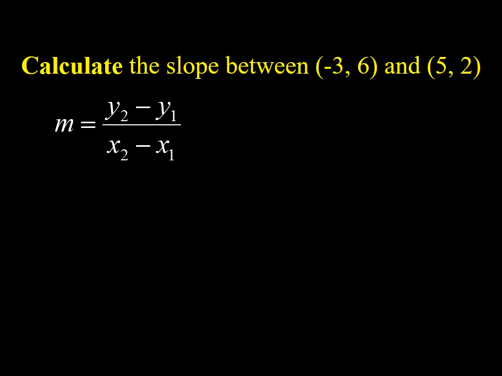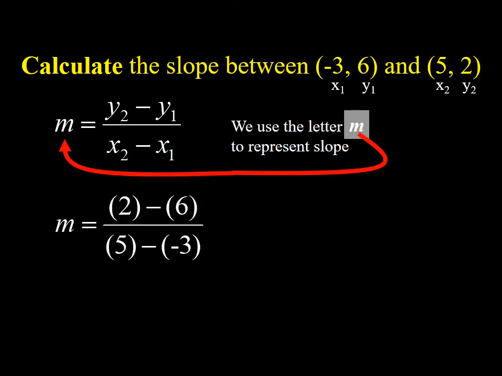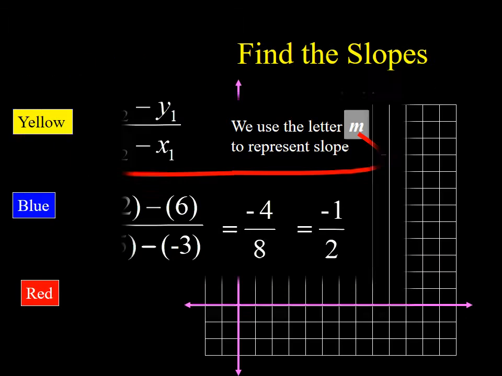The slope equals (y2 - y1) over (x2 - x1). We use the letter m to represent the slope. Before we start, we should label x1, y1 and x2, y2 in our points. So the slope equals (2 - 6) over (5 - (-3)) = -4 over 8 = -1/2.